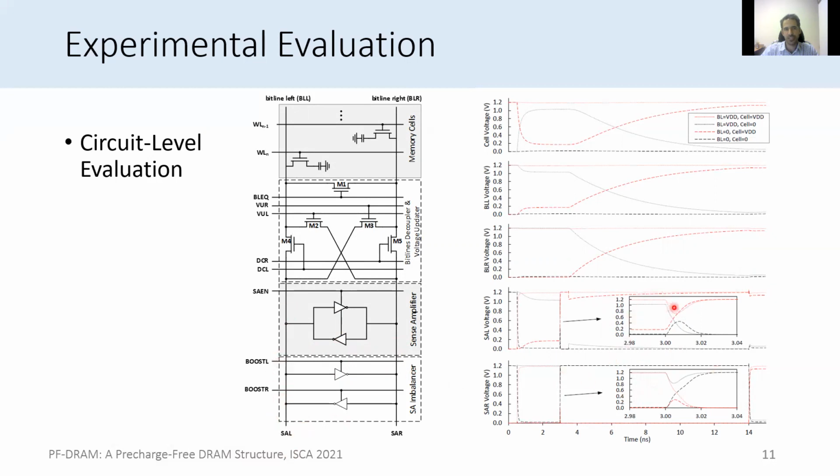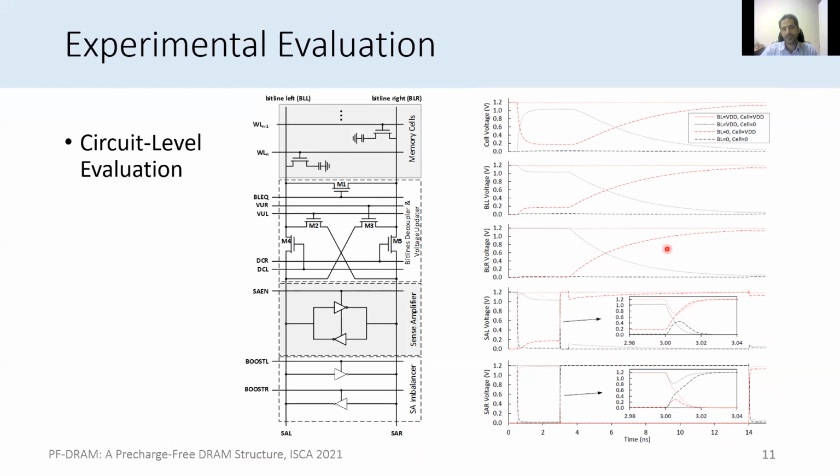Only a small glitch occurs here and here, but the SAR voltage will flip in this condition. But if, due to charge sharing, the SAL voltage slightly increases from 0 while SAR is 0, or the SAL voltage slightly decreases from VDD while SAR voltage is VDD, the winner of the race will be SAR, and the SAL voltage will flip. You can see it happens correctly in this figure.